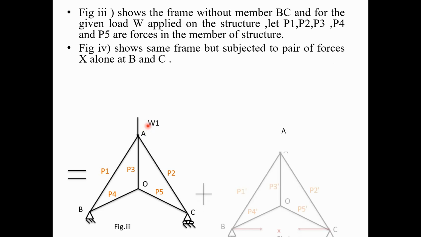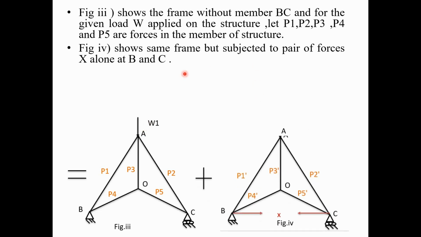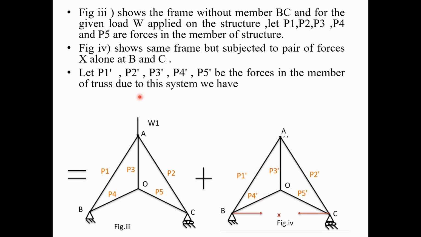Now figure 4 shows the same frame but subjected to a pair of forces X alone at B and C. So the next step is that we have to remove the external load and apply the pair of forces X at B and C alone. Because of this application of forces, whatever forces develop in the members of the truss, we call P1 dash, P2 dash, P3 dash, P4 dash and P5 dash. So these are the forces in the members due to this system.